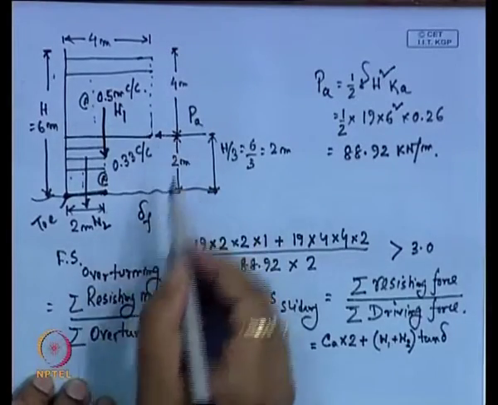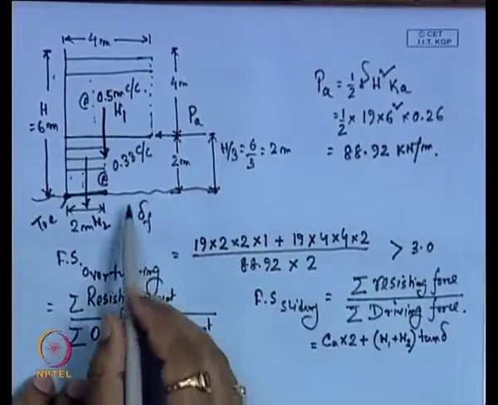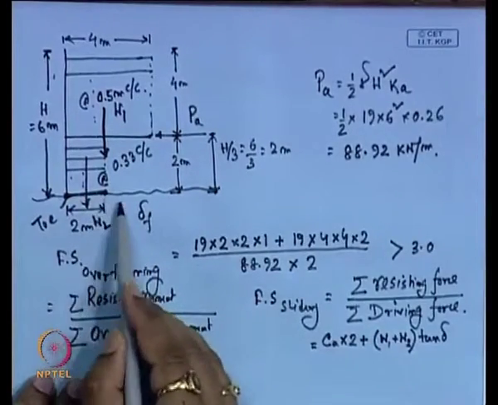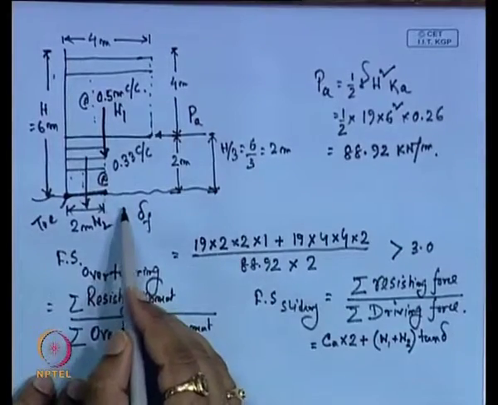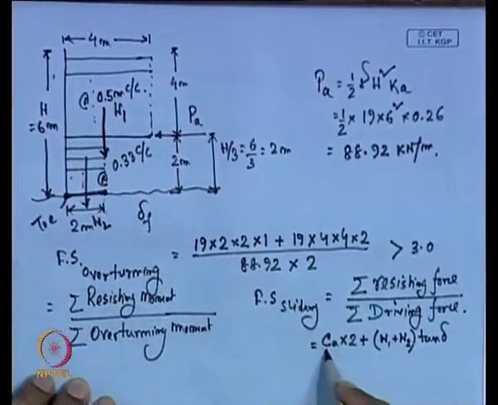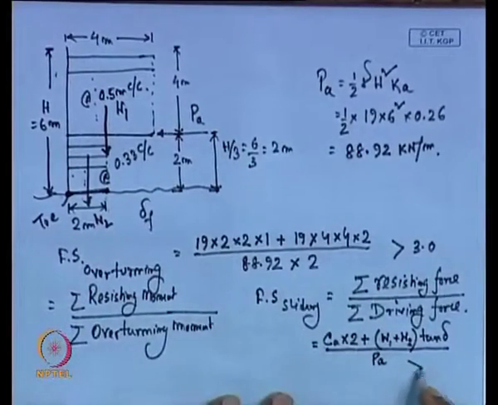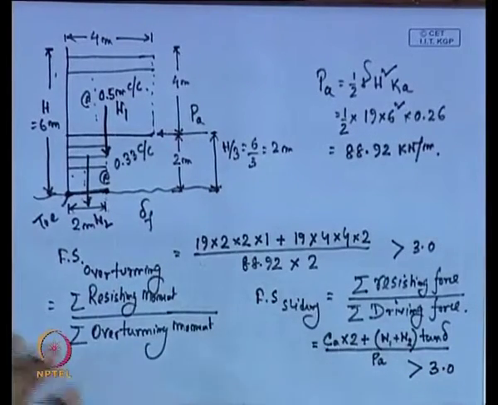This is not the delta of the fill soil, here it is delta of the foundation soil, because this is the sliding between the foundation soil and the reinforcement. So, this is delta 2, divided by the P_A, that should always be greater than 3. If it is not, then you have to increase the length again.